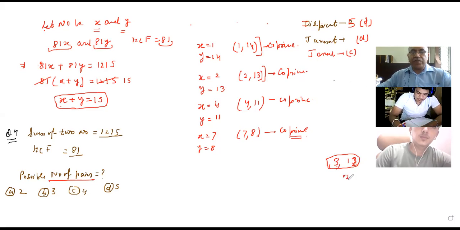There is a 3 common between 3 and 12, so I can't take this number. My every number is co-prime. Fine. So इस तरह के क्वेश्चंस जो सॉल्व करके आपको करने हैं, this will be the part of B.